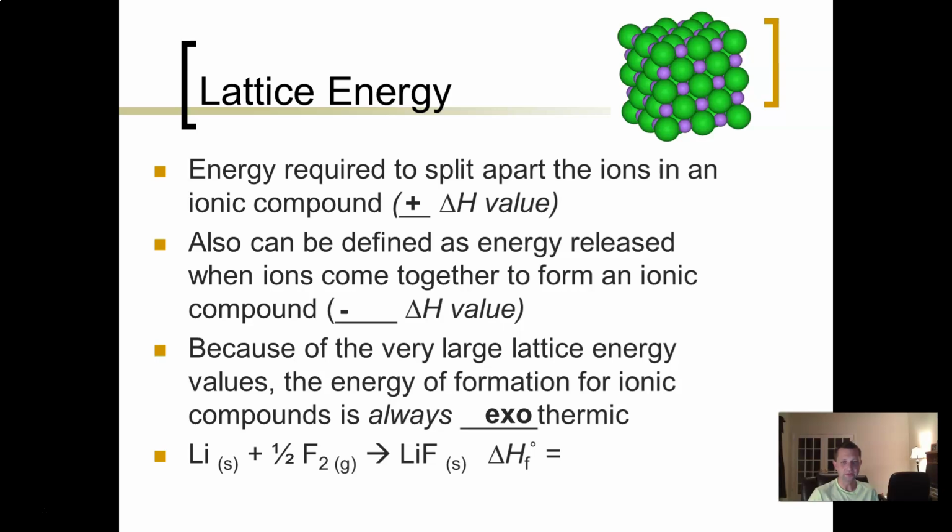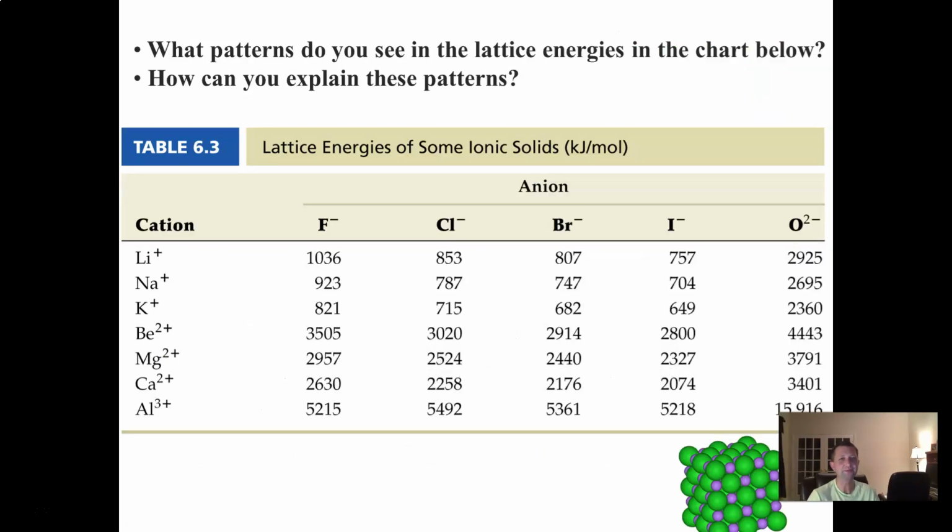Here's our formation equation for lithium fluoride: Li plus 1/2 F2 yields LiF, and our delta H is negative 591. That makes perfect sense. The delta H_f: delta is change in, H is energy, and the f means formation, so the heat of formation. That little degree sign means at standard conditions. We'll talk about that in our thermodynamics unit.